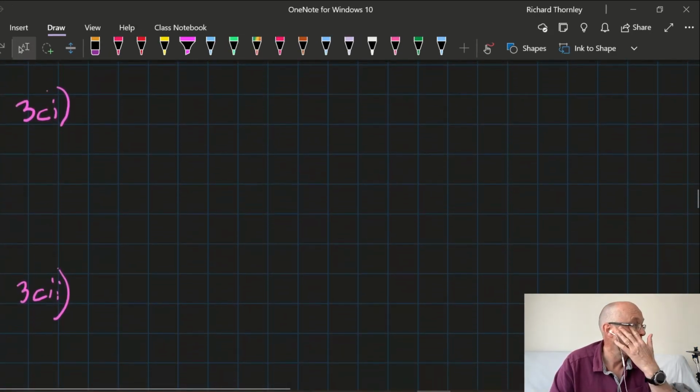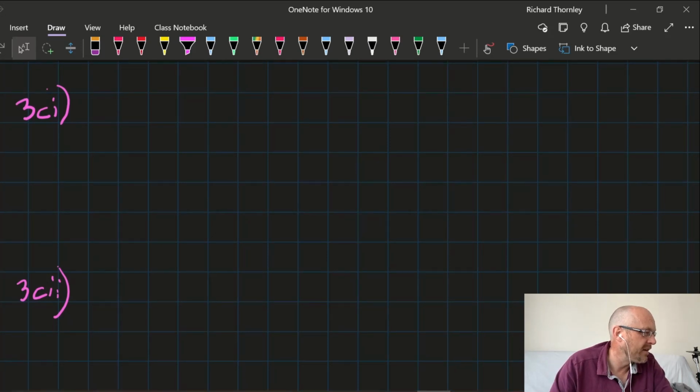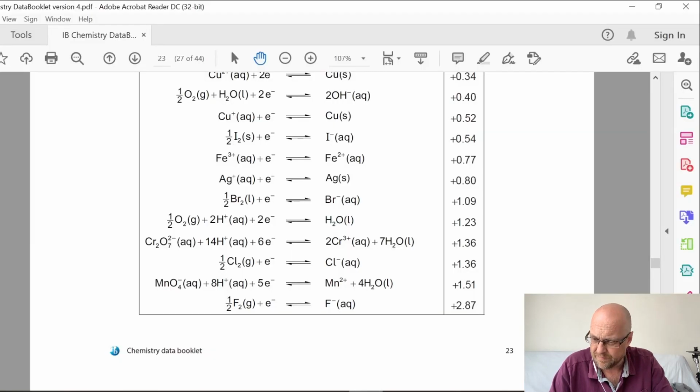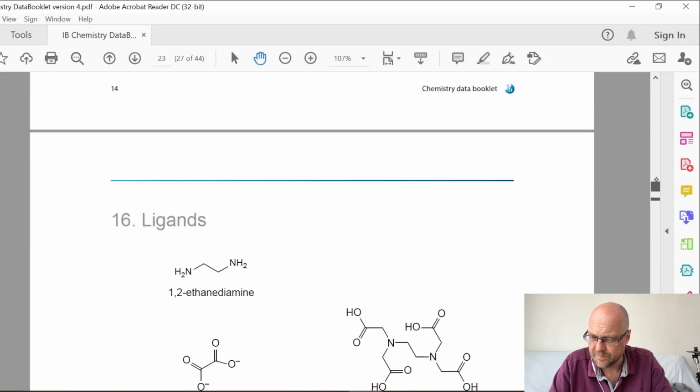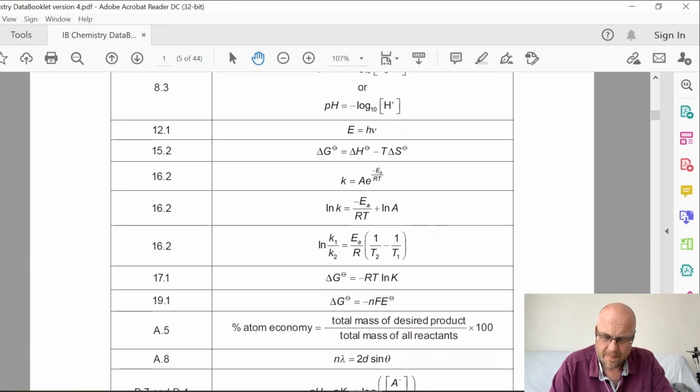3CII. Okay, so there's something about spontaneity and delta G. So there's an equation that links delta G to the voltage in batteries. There's the equation.